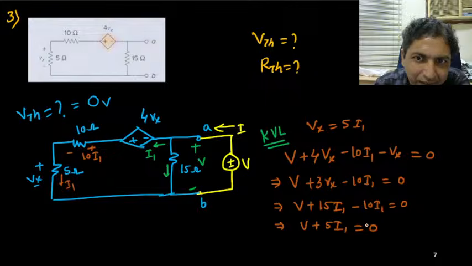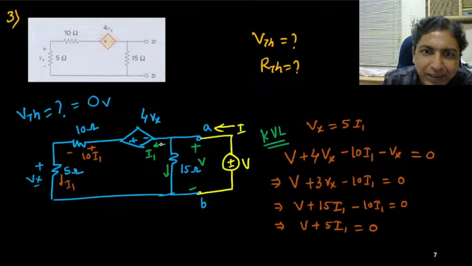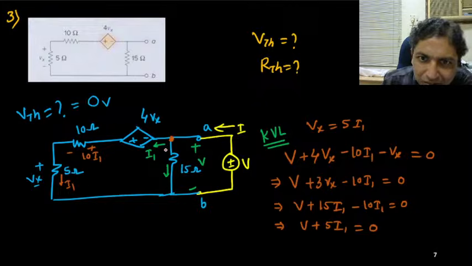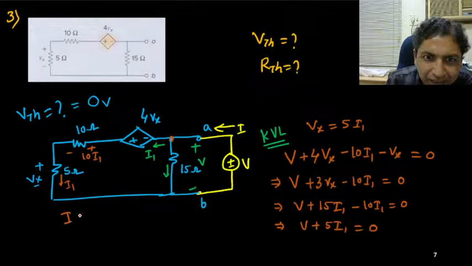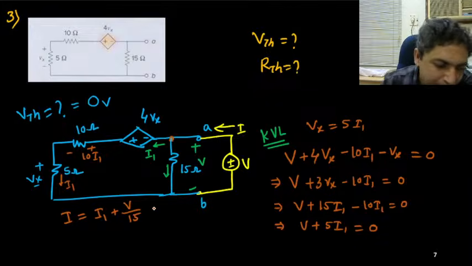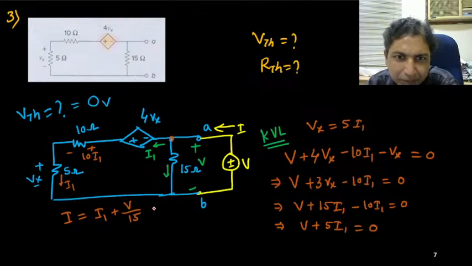Now what is I1? I need to find out V by I, that is RTH. So I1, you can see that this control, if I take KCL at this node, this current is coming I, incoming current, this outgoing current is I1, plus this outgoing current is V by 15. Am I correct? Are you convinced?